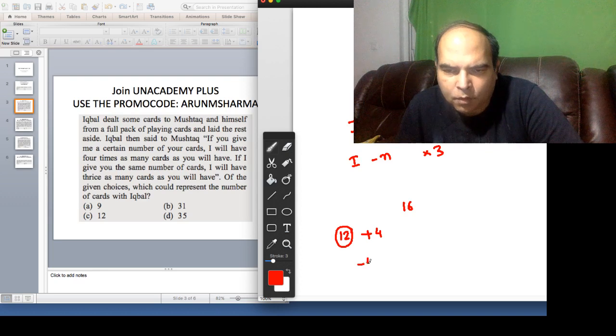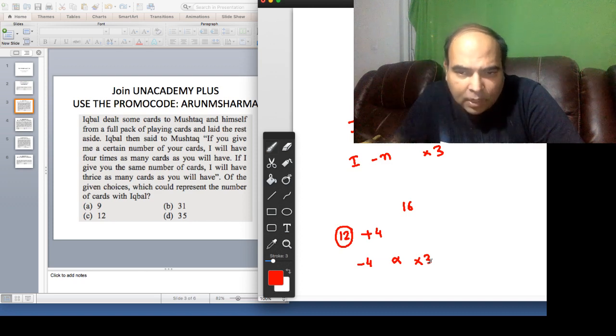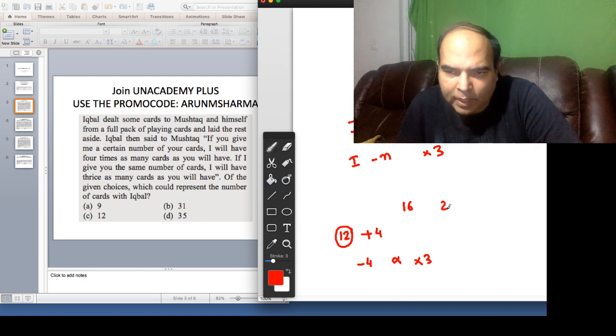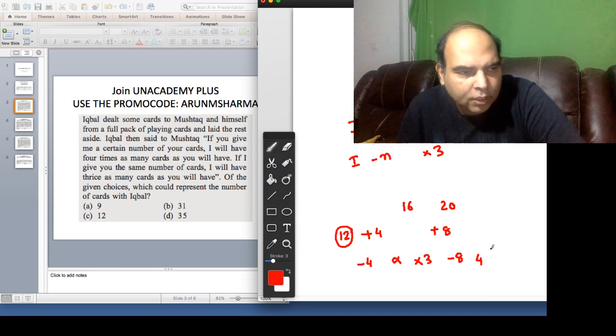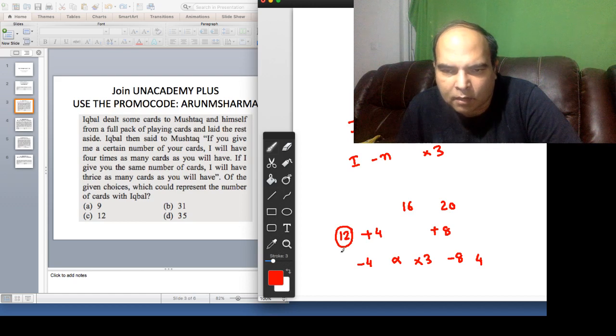But a minus 4 does not give you a multiple of 3. And hence an answer like 12 can't work, because even the next number 20 with a plus 8 does not satisfy the minus 8 condition, because 12 minus 8 ends up at 4. So it is not satisfying that condition.